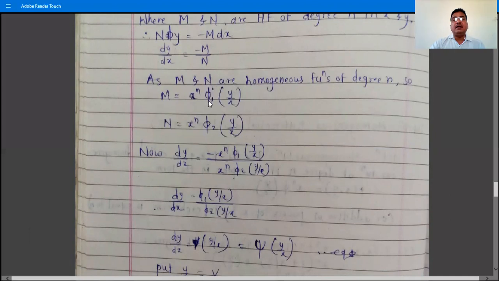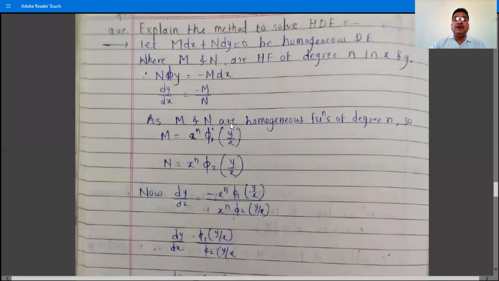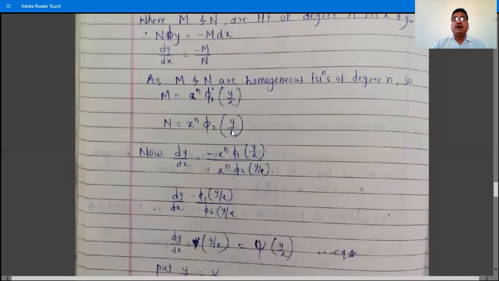Therefore we take phi1 of y by x and phi2 of y by x, or instead we can use the notation phi of y by x and psi of y by x. These two functions are functions of y by x, but may be equal or different. Most of the time these two functions are different.